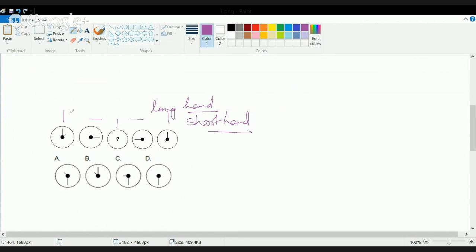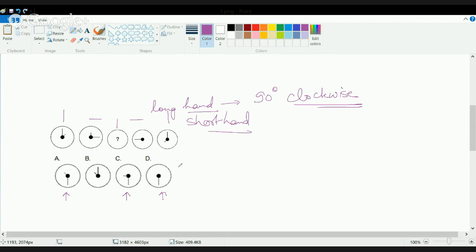So for every change it is moving 90 degrees clockwise. All those cases in which this would be down could be the probable answers. So we have choice A, choice C, and choice D. But just with finding the long hand, we cannot depict the answer.